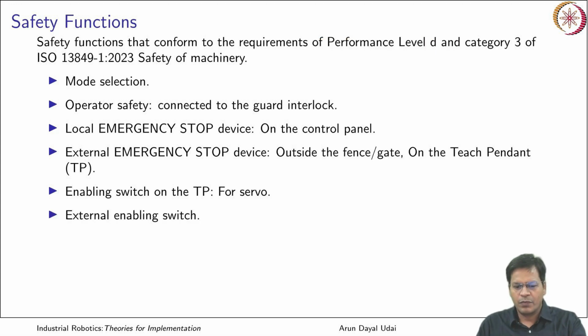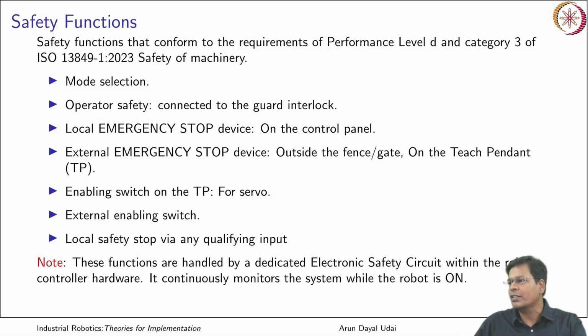And you have an external enabling switch also, that may be there outside the cage, outside the grill. And you have local safety stop via any qualifying input. It is possible that some other machine is controlling this robot, so maybe that input is a qualified input that can trigger the safety stop.